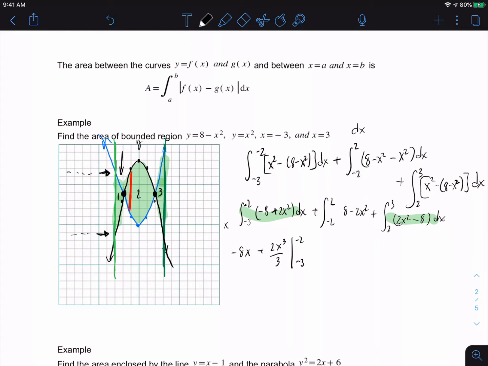I need to put the negative up there. Plus 8x minus 2x cubed over 3, evaluated from negative 2 to 2.